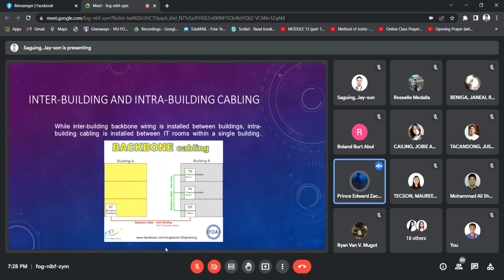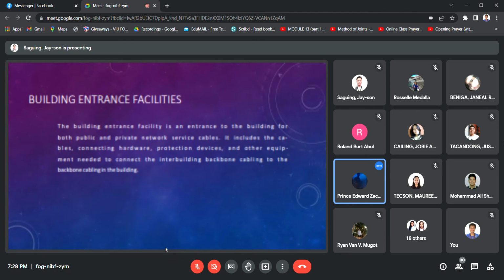If you look at the picture, from building A to building B is interbuilding. The cabling inside building B is intra, because it is within a single building. So next.